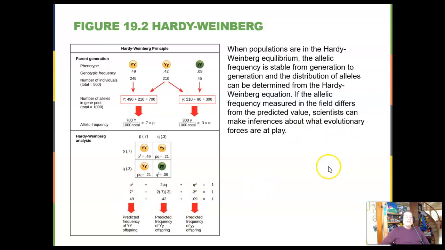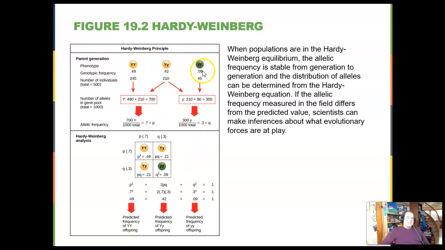So then we look at any other population, or even this population right here that we gathered the data from, and run the total number of individuals: 500 individuals times 0.49, 500 individuals times 0.42, 500 individuals times 0.09. In this particular case, what we'll find is that our predicted number of individuals is exactly the same as our observed number right here, and so we are in Hardy-Weinberg equilibrium.